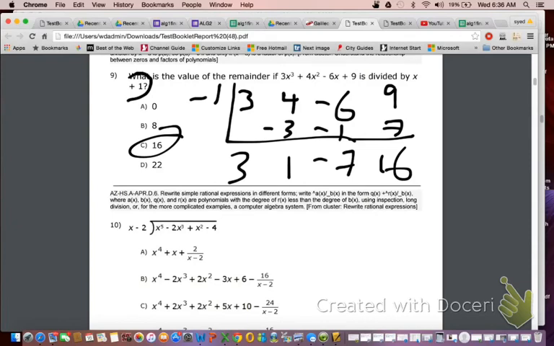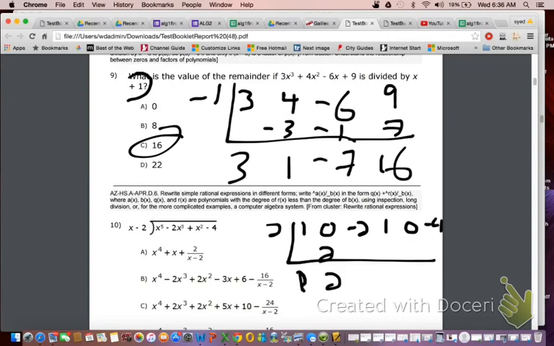Number 10, the way I would do it is I put a 2 here, 1, 0, because there's no fourth term, term with the fourth degree exponent. Negative 2, 1, 0, negative 4. You have to fill in 0 because it has to go 5, 4, 3, 2, 1 in terms of the degrees of the exponents. So now this is 1.